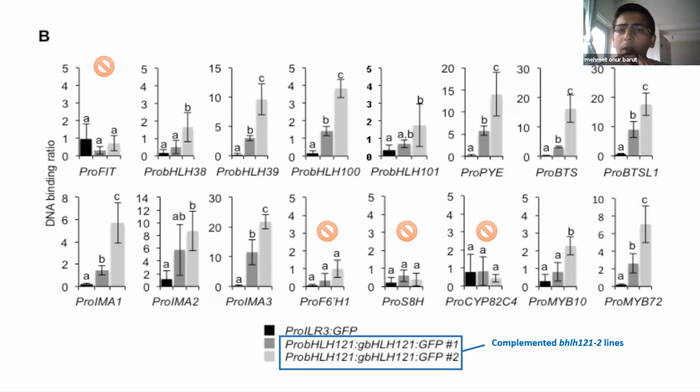I think 101 is binding the promoter of FIT, if I don't remember wrongly. And this 121 affects the expression of these transcription factors, and this transcription factor cannot bind the FIT promoter, so the expression of FIT cannot work well.